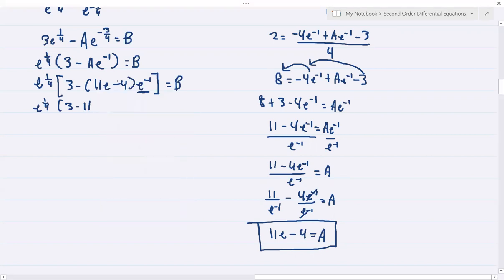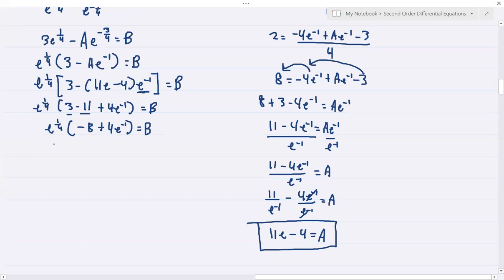Okay? Then, distribute negative sign and e raised to negative 1 to your negative 4. So we will have positive 4e raised to negative 1. So now let's simplify. 3 minus 11. Okay, we will have 11, 10, 9, 8. So we will have negative 8 plus 4e raised to negative 1. Okay? And these two terms, negative 8 and positive 4e raised to negative 1, are both divisible by 4.